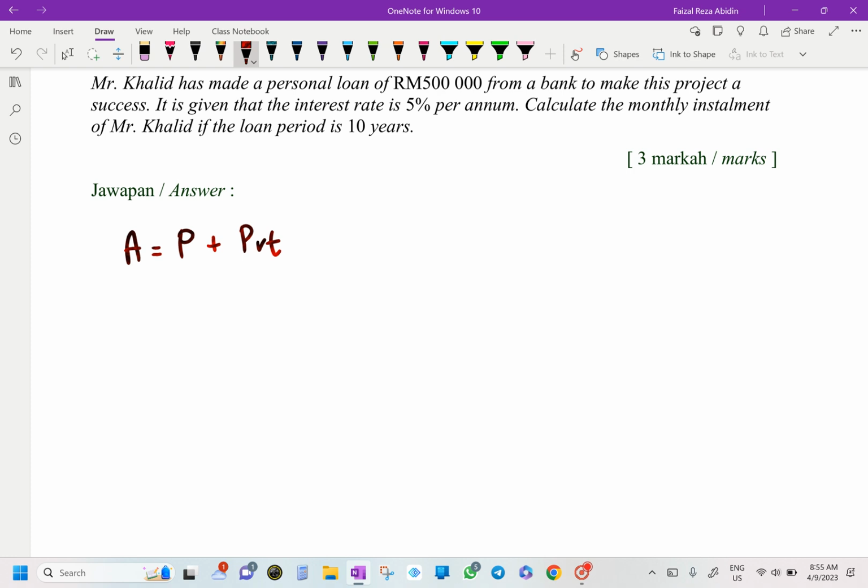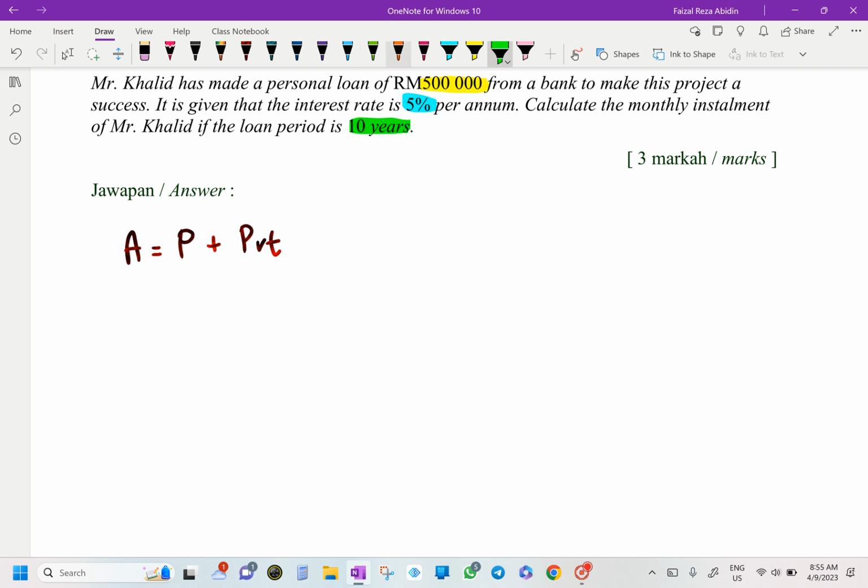After you know the total repayment, then we are going to calculate for the monthly installment. Okay. Principal 500,000. Rate over here is going to be 5%, and the time here is going to be for 10 years. Am I right?